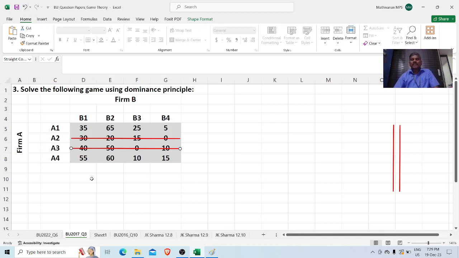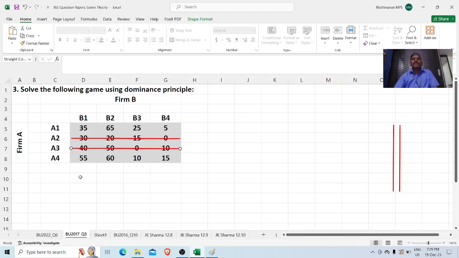Now we will see if there is any dominance available in the strategies of firm B. We have to compare only the elements which are not struck off. So first we will look at strategy B1.